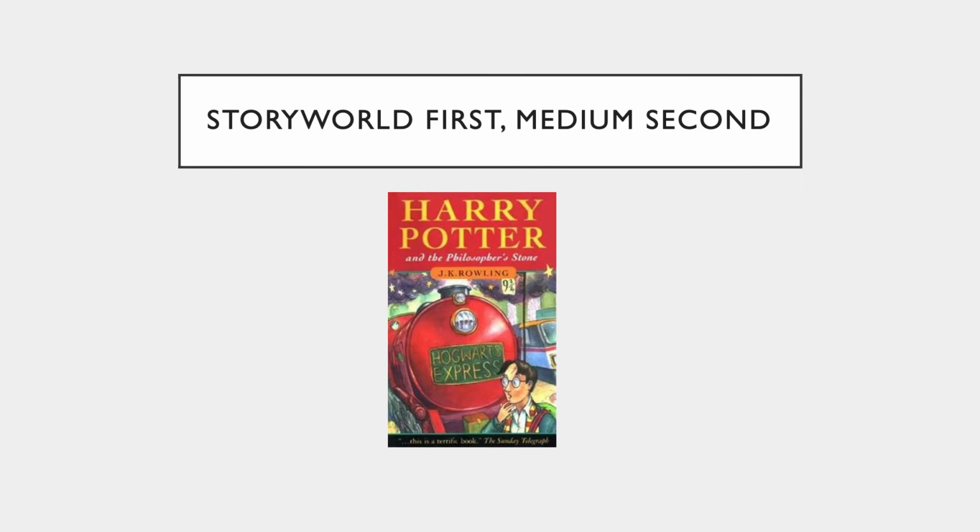But here what we're talking about is how the story world, the world that, for example, Harry Potter lives in, exists before the book or the films or the video games or the cafes or whatever medium is being used. The story world is the bit that we all know, and it can be presented in lots of different ways.